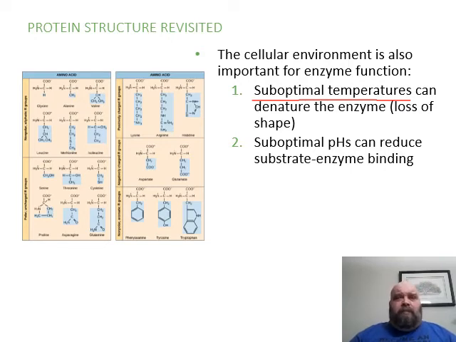You could speed up the process just a wee bit by adding just a little bit more temperature, more things vibrating. Problem is, you go a little too far, well, you cook an egg. That's basically what's happening. You raise the temperature too high, you do what they refer to as denature the proteins.